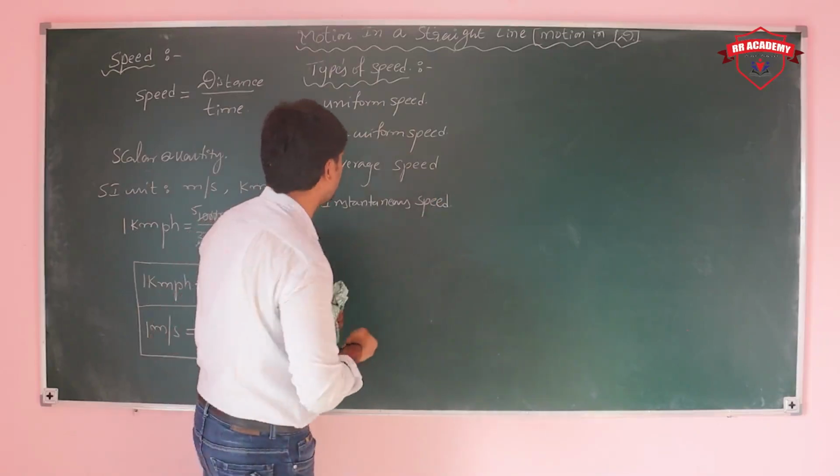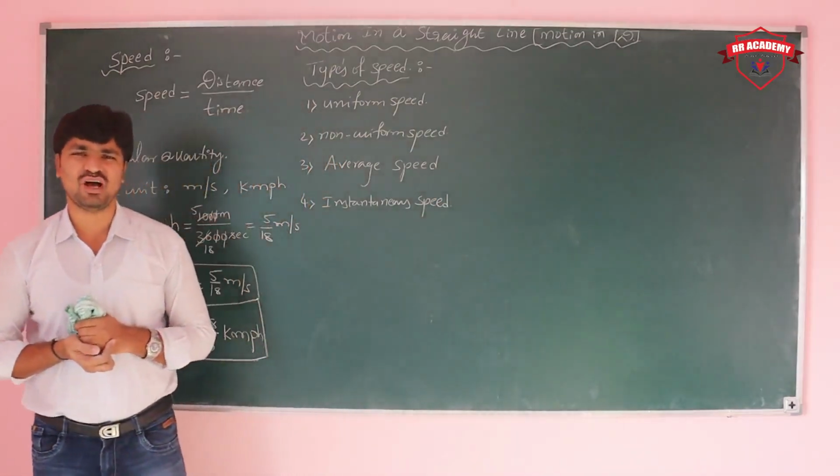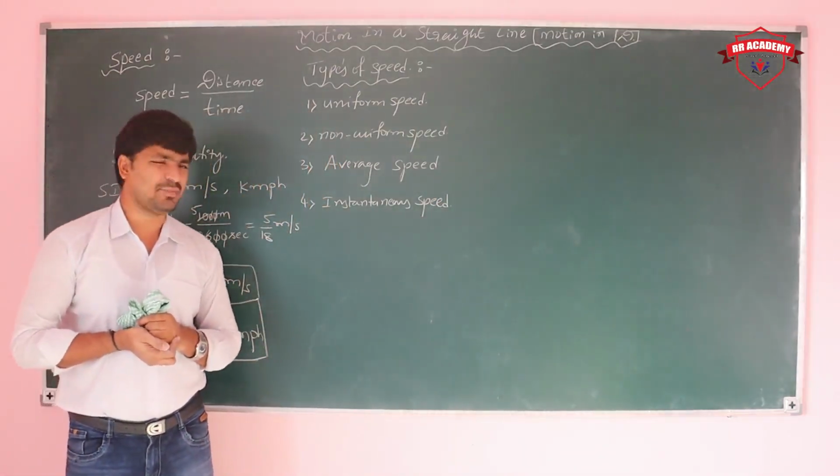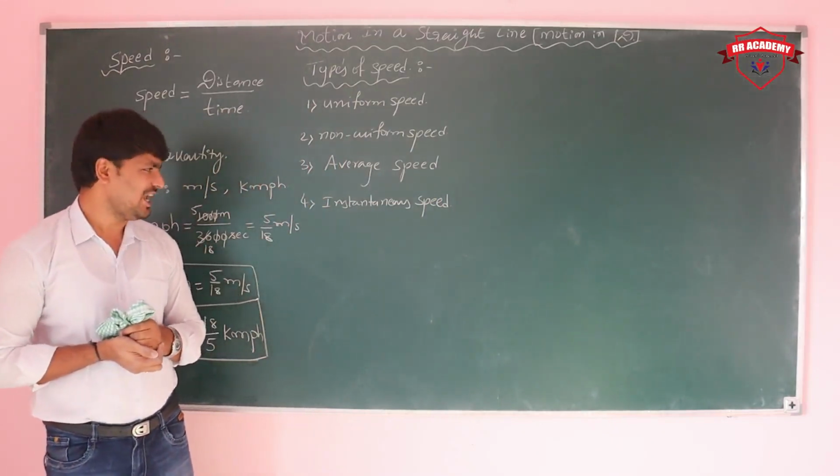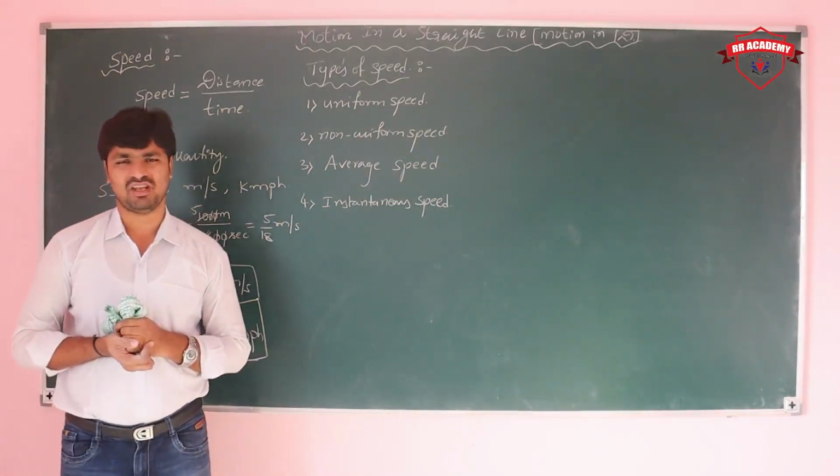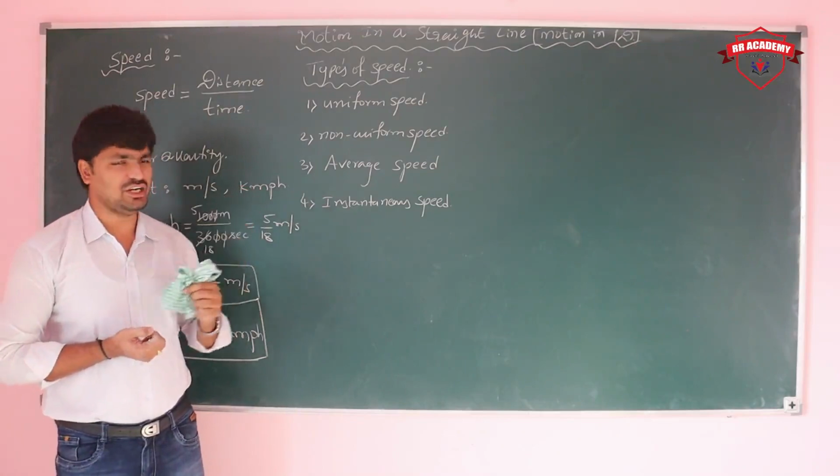So generally these are the types of speed: uniform speed, non-uniform speed, average speed and instantaneous speed.